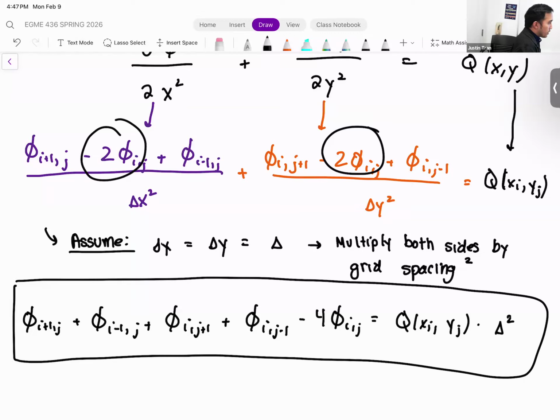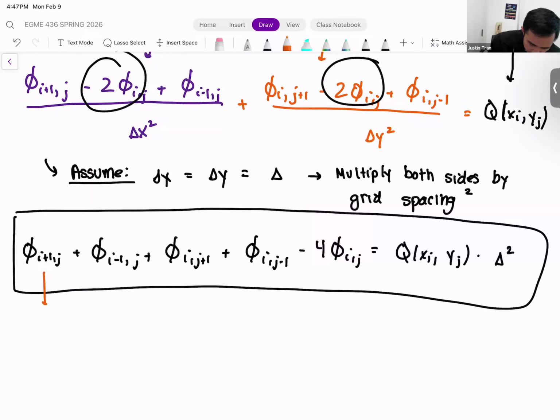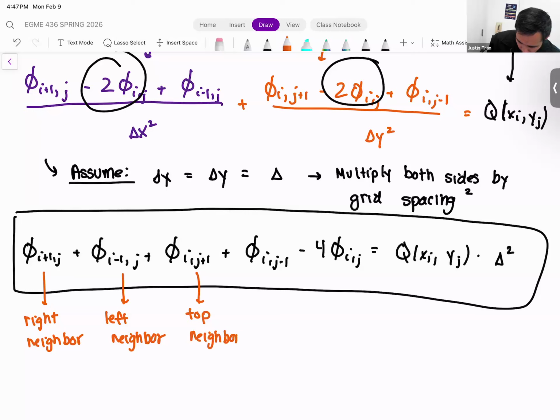Right. So it looks like a lot of terms, but it is still pretty straightforward because everything on the left-hand side is basically just our central node i, j, and all of its neighbors. So i plus 1, j, this is the right neighbor. i minus 1, j, this is the left neighbor. j plus 1, this is our top neighbor. j minus 1, this is our bottom neighbor.